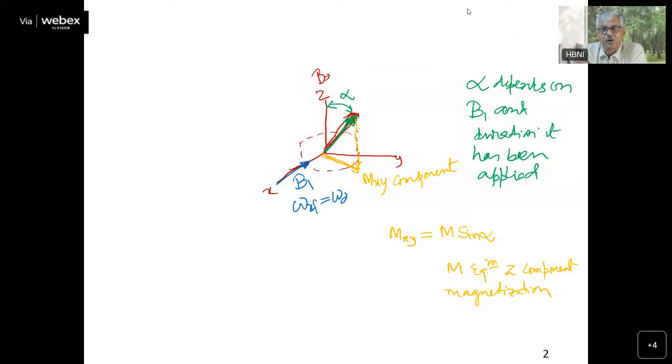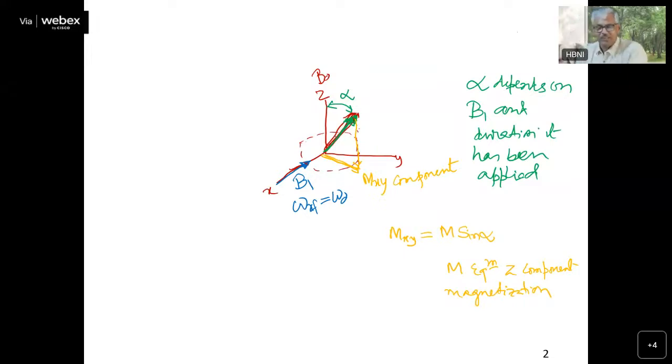You can find out the magnitude of the MXY component from the angle alpha, that is M sin alpha, and this alpha depends on the amplitude or strength of the B1 field, as well as the time or duration it has been applied.